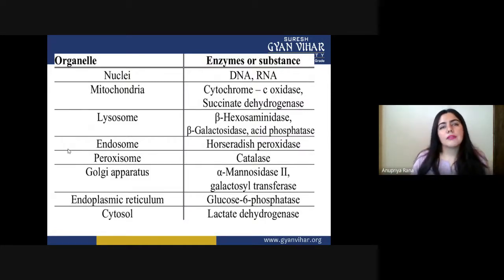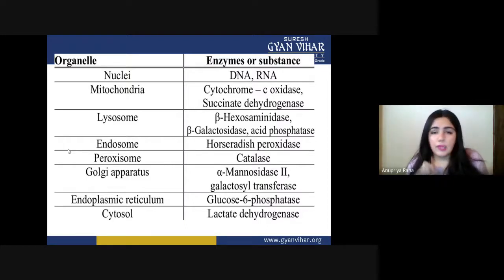To get to this level, we have to go through two to three steps. The first step is the lysis of the cell. When we break down the cell, after the lysis, what we get is all the cell organelles. After getting all the cell organelles, we have to go through the process of differential centrifugation.